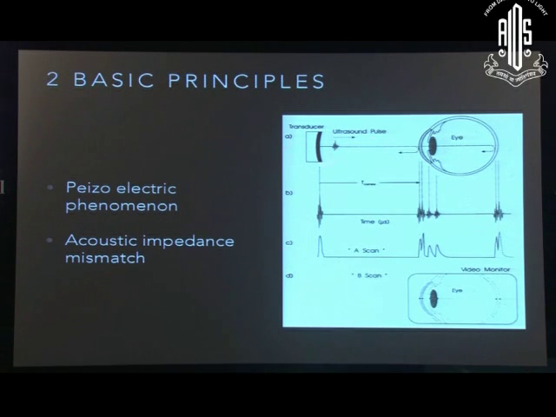It emits an ultrasound pulse, which is then passed to the eye, and depending on the various interfaces, you get returning echoes, which are converted into a one-dimensional display, or an A-scan, or a grayscale two-dimensional display, or a B-scan. And the second most important principle which helps us to interpret the ultrasound is acoustic impedance mismatch, which is basically a difference in the acoustic impedance between different structures in the eye.